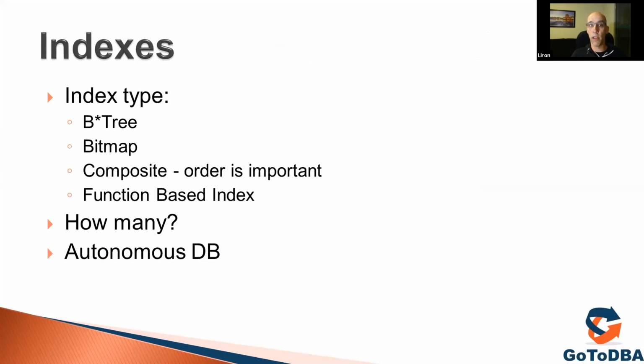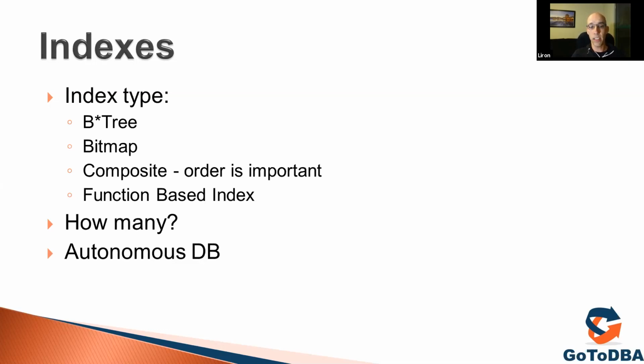In a composite index on more than one column, the order of the columns is important. And maybe function-based indexes. How many? Enough so the right queries will run fast, but maybe not too many, so insert and delete will not be affected. So we need to consider that as well. And again, there's no right and wrong answer. There's only the answer that is suitable for your requirements or needs.